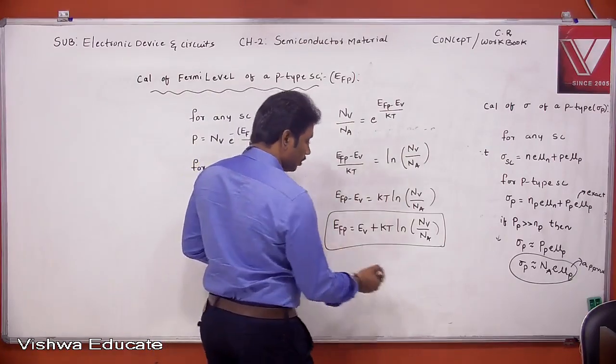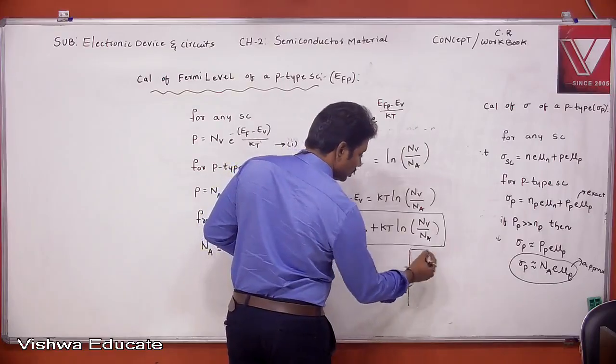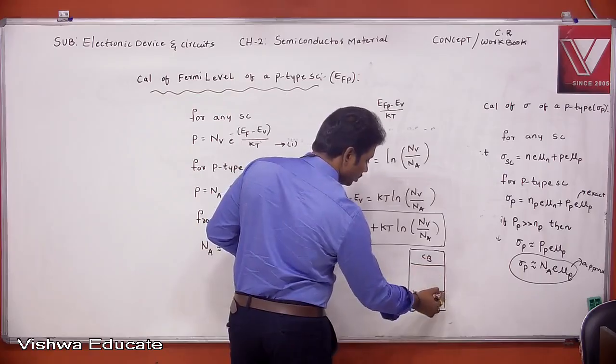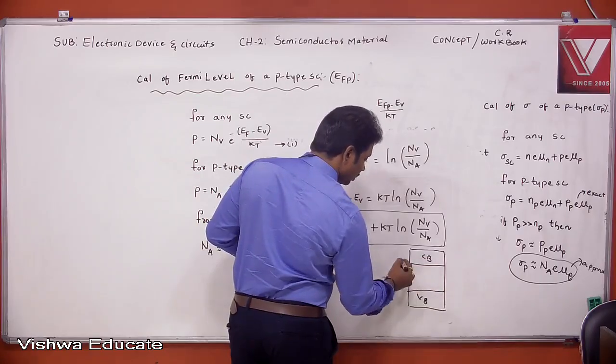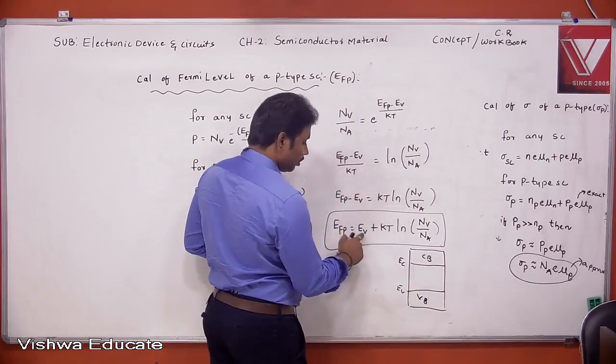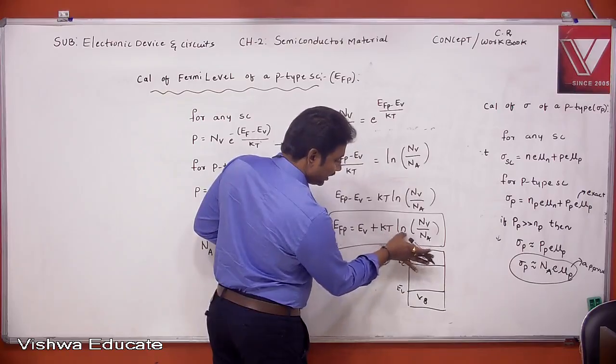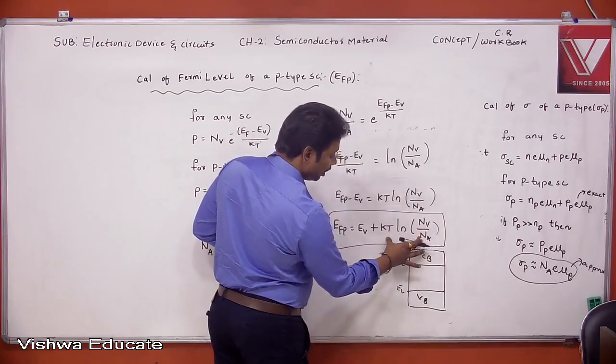Now from this equation, what is the conclusion? For a p-type semiconductor, where is the Fermi level? This is the valence band, this is the conduction band. EFP equals EV plus KT into ln of NV by NA. Actually this value is very, very small.